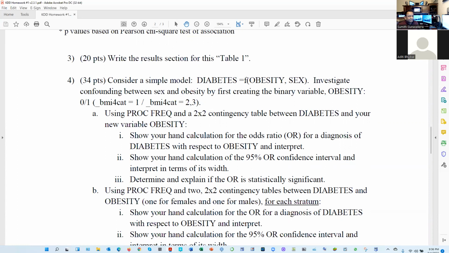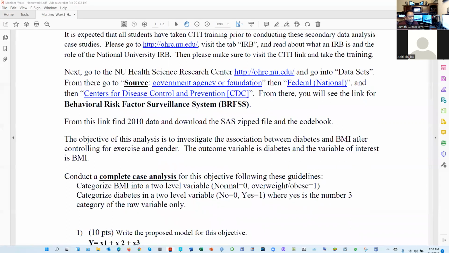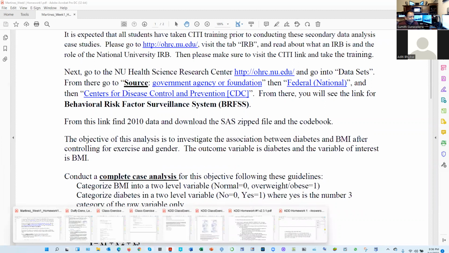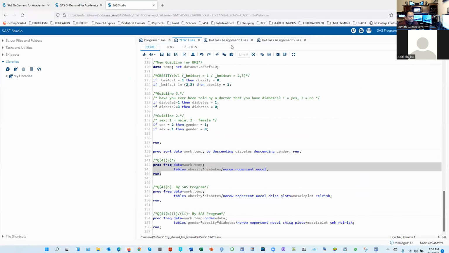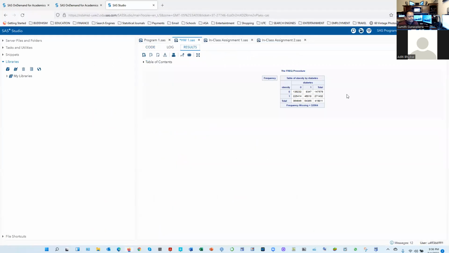In this table, let's talk a little bit about the odds.